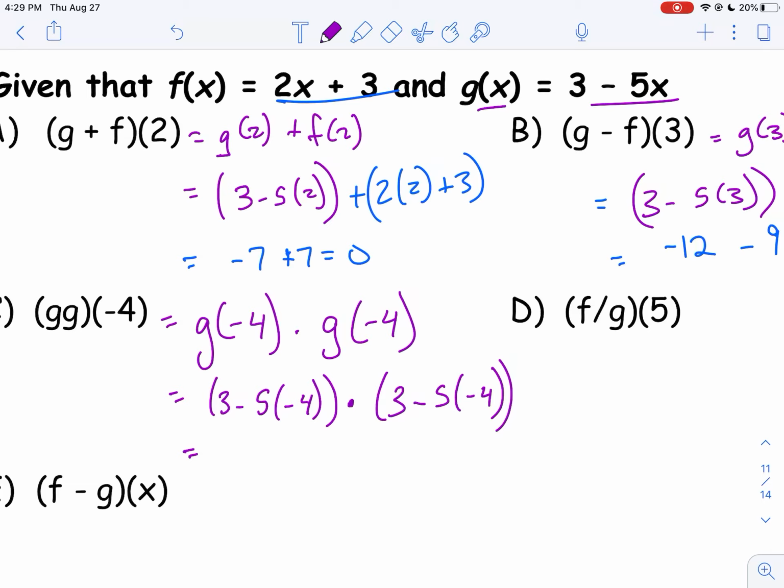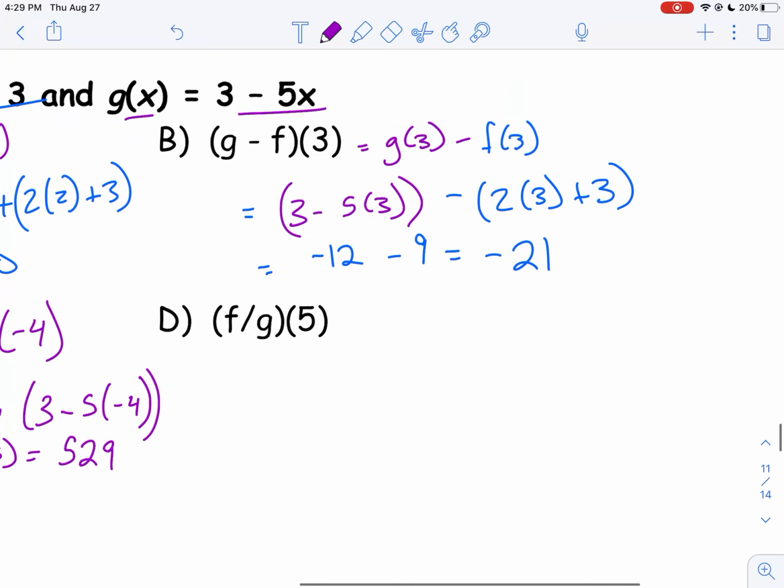Oh, don't do the 3 minus 5 first. We got to do order of operations. We got to do negative 5 times negative 4. That gives me positive 20. Here I'm going to get 23. Bust my calculator out for 23 times 23. 529. Maybe you know all of your perfect squares up to 100, huh? Or at least 25.